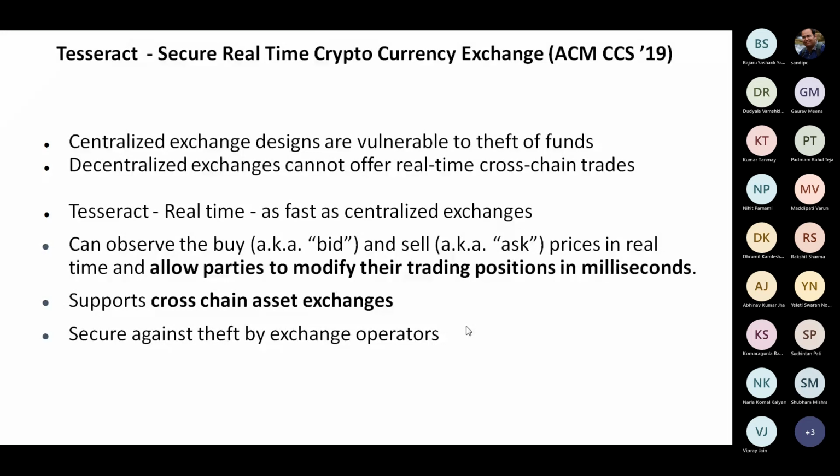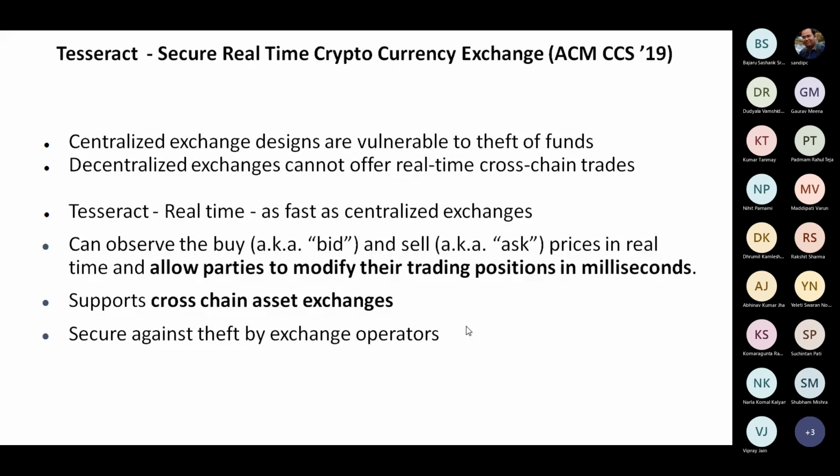And typically when one wants to buy something, it is called a bid, and when one would like to sell something, it's called an ask. So selling is asking for a price and so on. So the decentralized exchanges are also possible for cryptocurrencies, because they are not vulnerable to theft of funds, as the transactions are indeed actually added to the blocks.